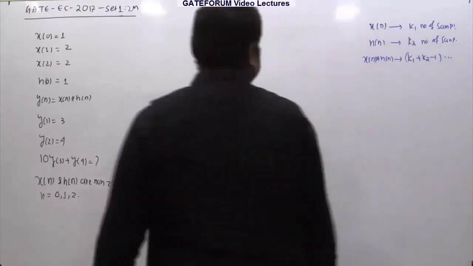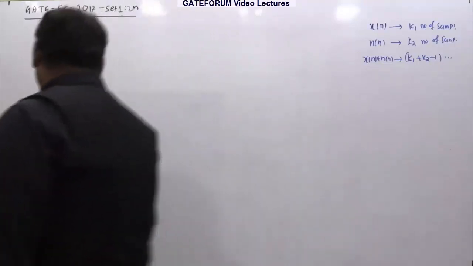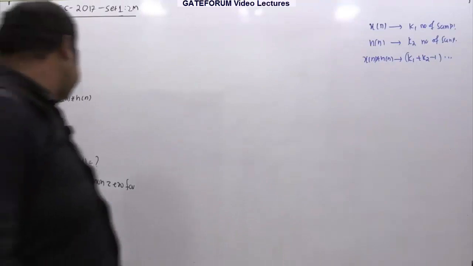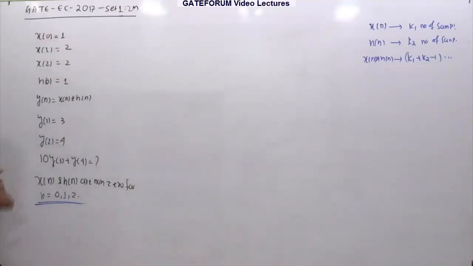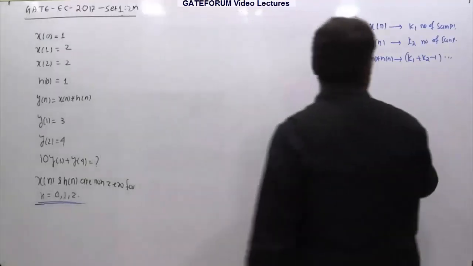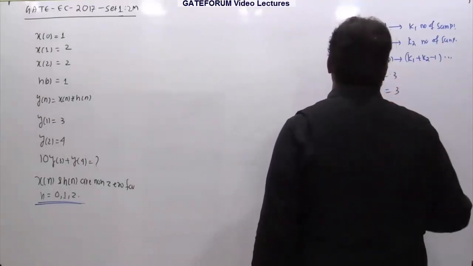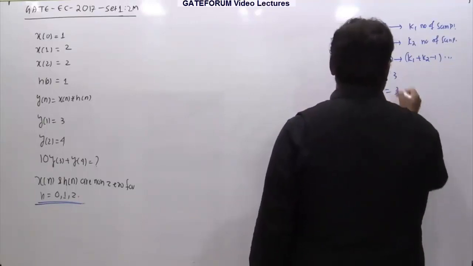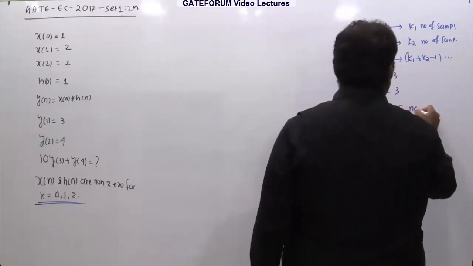So here x of n and h of n are non-zero for n equal to 0, 1, 2. So what does it mean? x of n and h of n have 3 samples, at n equal to 0, 1 and 2. So k1 value is 3, k2 value is 3. Then y of n will have 3 plus 3 minus 1, that is 5 number of samples.